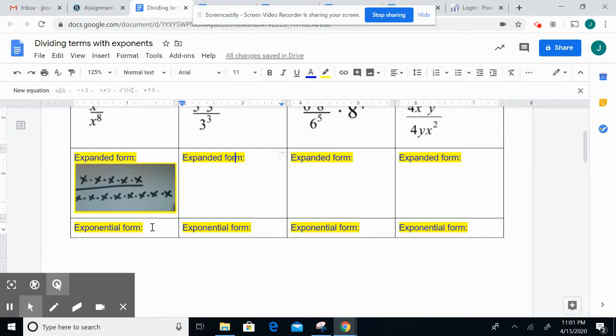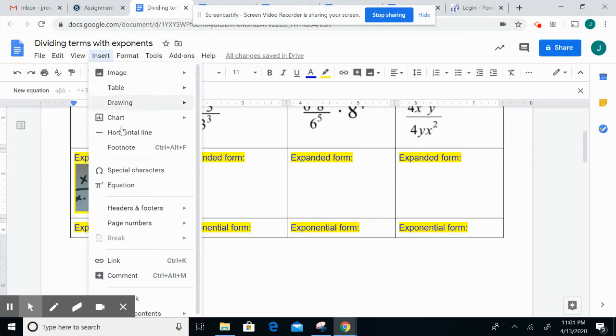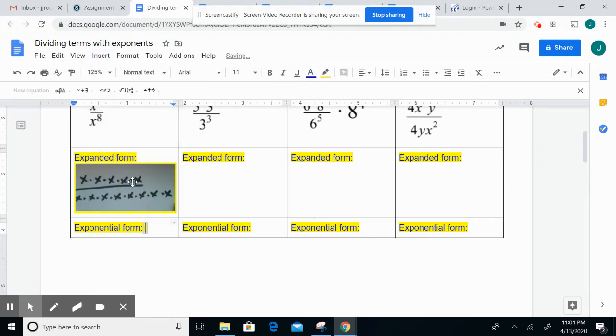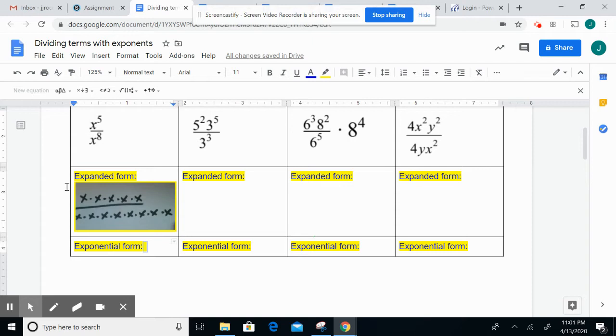Now the exponential form, you can type this with insert equation. Now, we know there's going to be 3 left on the bottom, and if we sat here and canceled, we could do that. But if you notice, it's 1 over x to the 3rd, right? Now, we're going to get a little bit more into it, but what you're going to do is subtract the exponents, right?